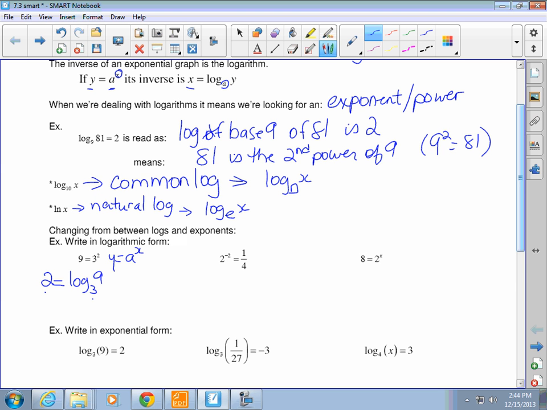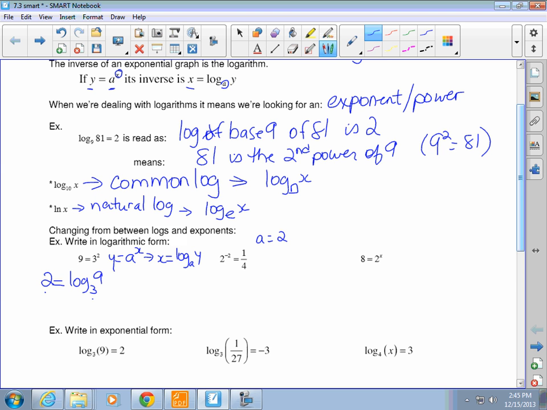For the next one, we have 2 to the power of negative 2 is equal to 1/4. We're taking a look at y equals a^x, and we want to change this into x equals log_a of y. My a value, or my base, is 2.